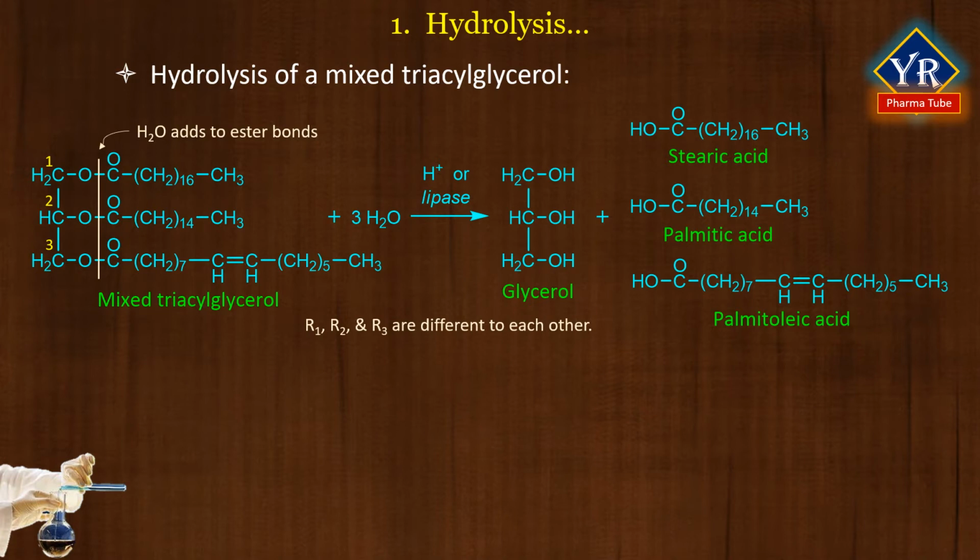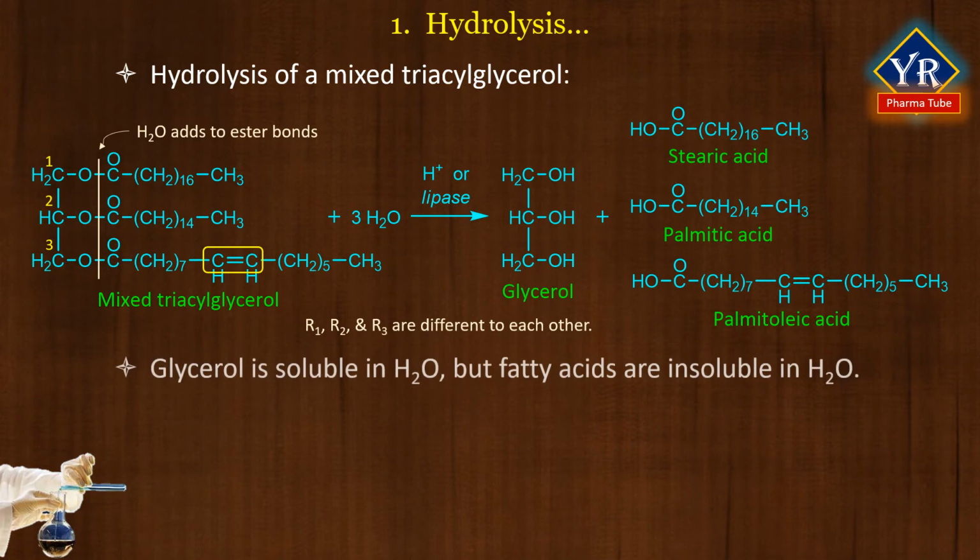At C2 of the glycerol, the fatty acid is palmitic acid and has the molecular formula C16H32O2, and at C3 it is palmitoleic acid, which possesses a double bond, thus it is an unsaturated fatty acid and has the chemical formula C16H30O2. This mixed fat upon hydrolysis produces glycerol and three different fatty acids, namely stearic acid, palmitic acid and palmitoleic acid.